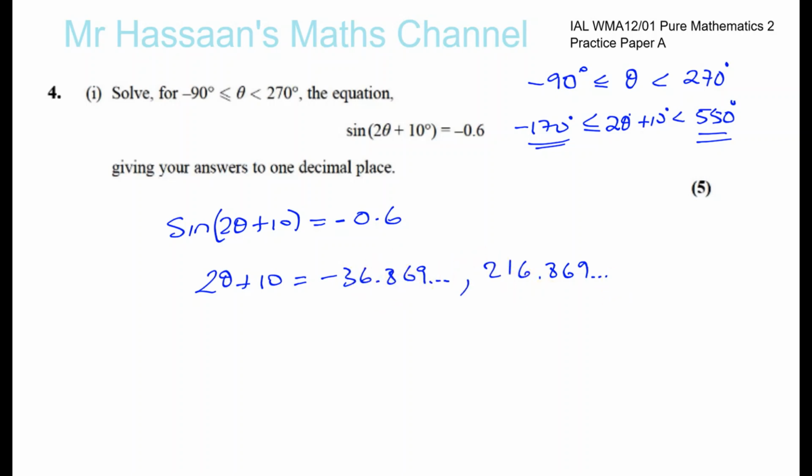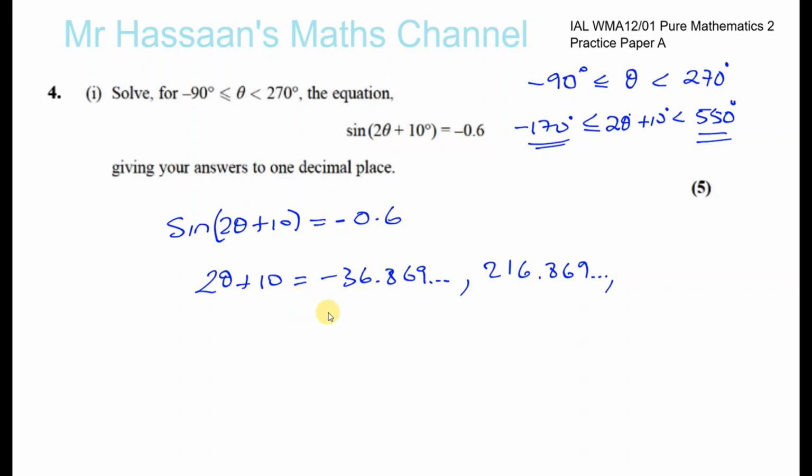All the other solutions on the sine curve repeat every 360 degrees, because the sine curve has a period of 360. So every 360 degrees you get the same value of minus 0.6. If you add 360 to these angles and subtract 360 from these angles, you'll find all the other angles which give the same value of minus 0.6 for the sine of the angle.